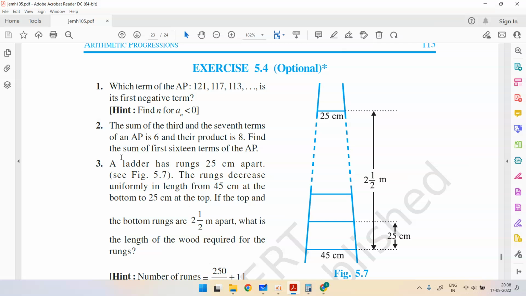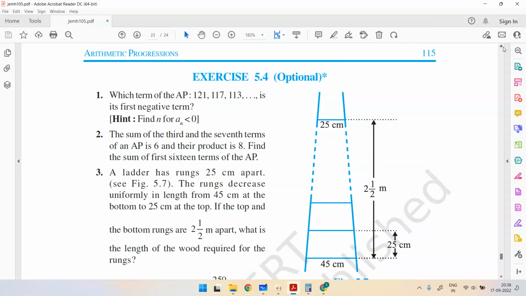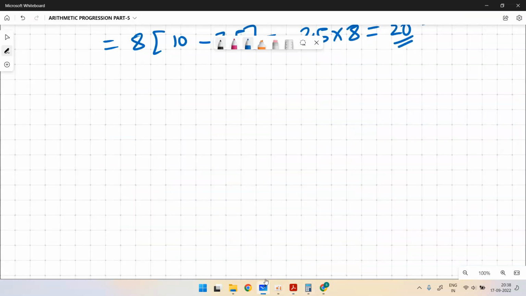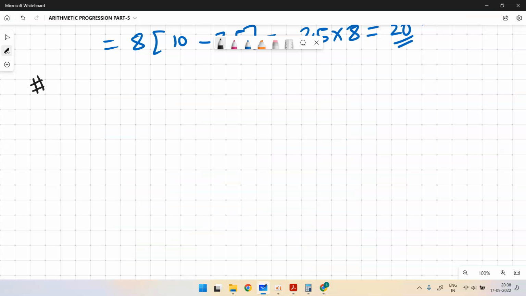If the top and the bottom rungs are 2.5 meters apart, what is the length of the wood required for the rungs? This is the third question only. Try to draw the diagram.